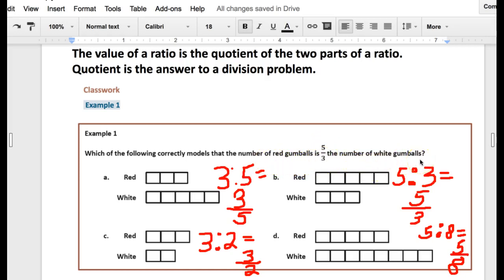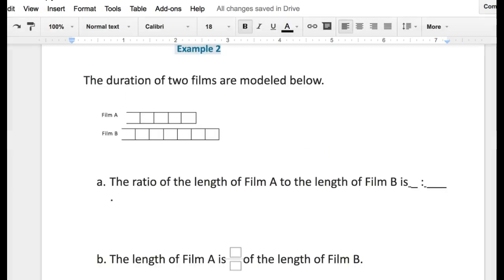Once we have it in fraction form, we can read it as a fraction, because it is a fraction now. It's clear to see that B is the correct answer, because that has 5 red gumballs and 3 white gumballs, and that is 5/3. And so that is why the answer is B. Not too bad. Let's move on to the next one.